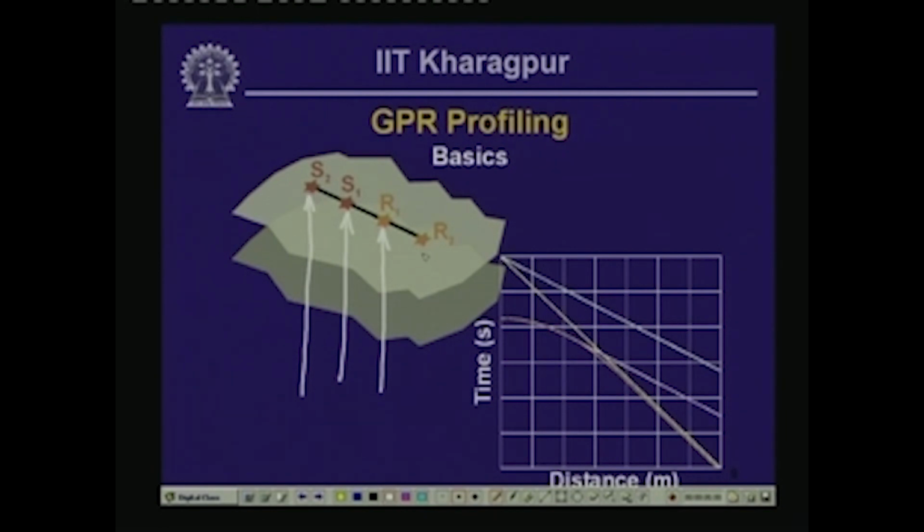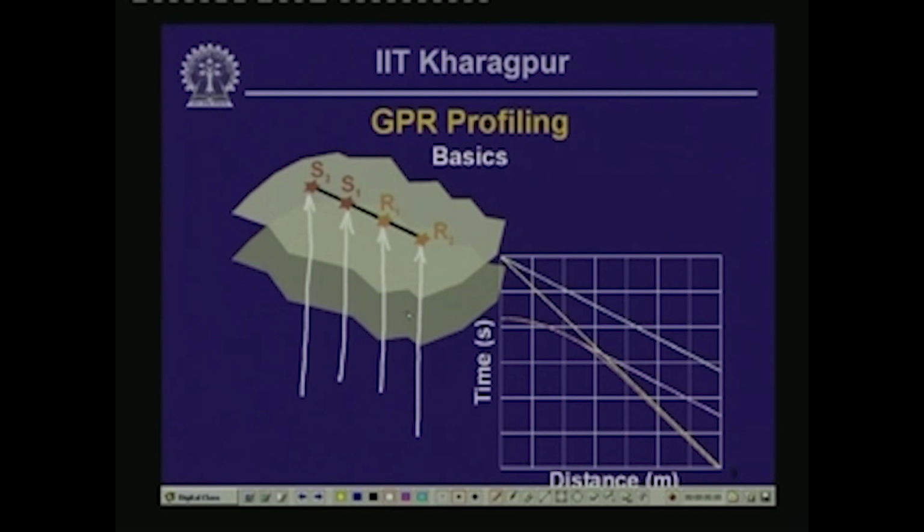We take the source to a different location and the detector to a different location, and by looking at the signature for different detection signals, we construct the profile of the subsurface layers.